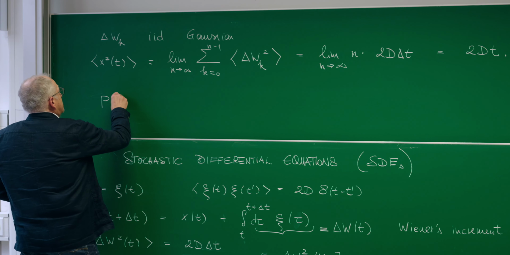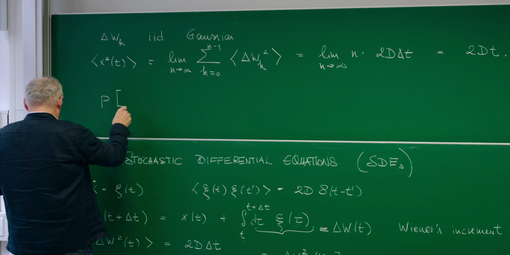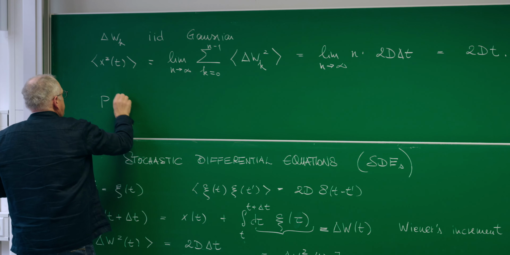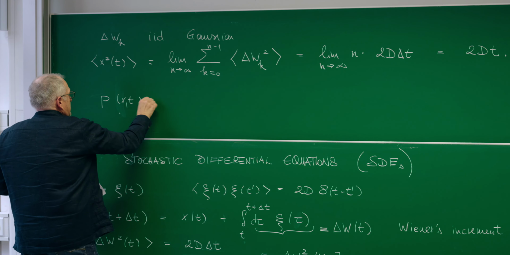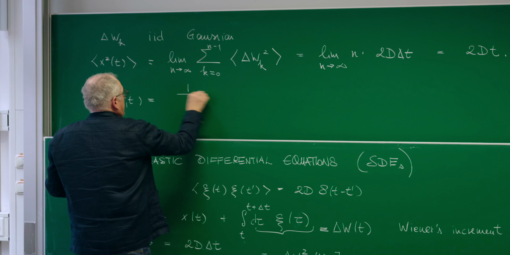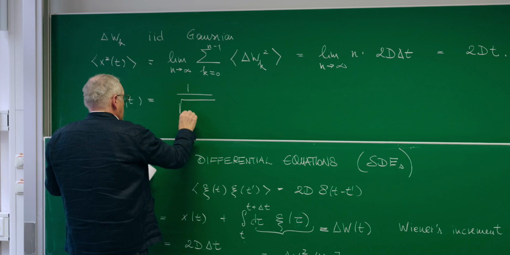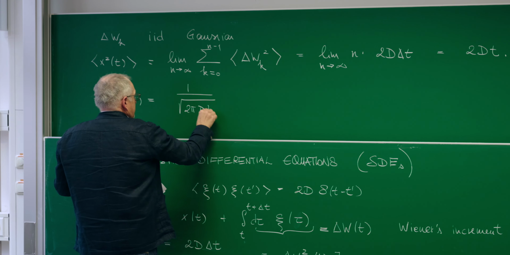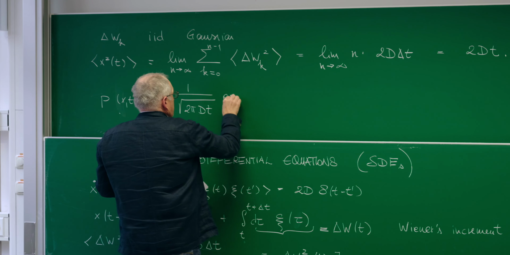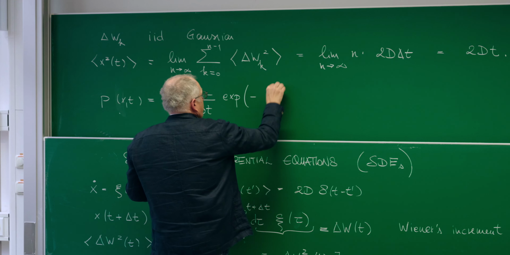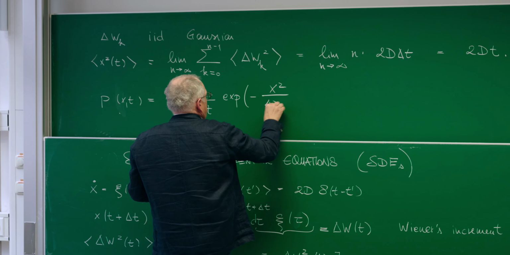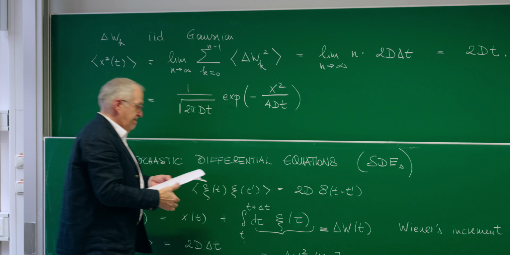Okay. So we have then p of x and t being a Gaussian distribution, 1 over square root of 4 pi Dt, times the exponent of minus x squared over 4Dt.